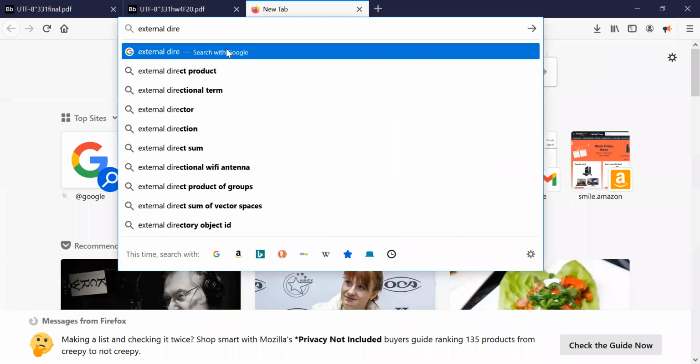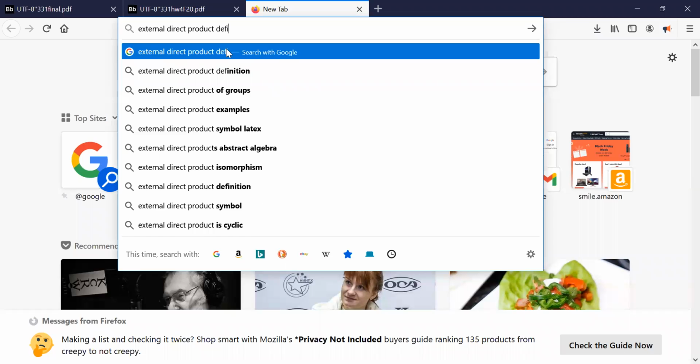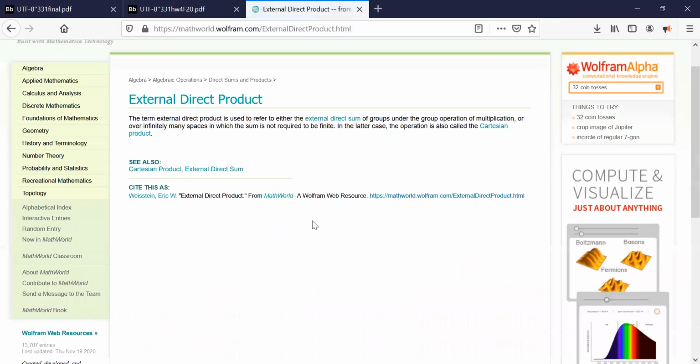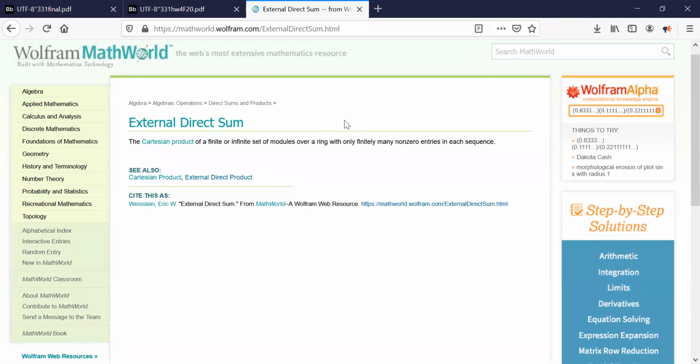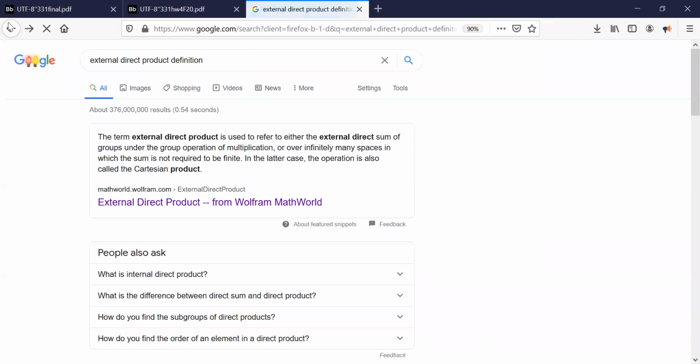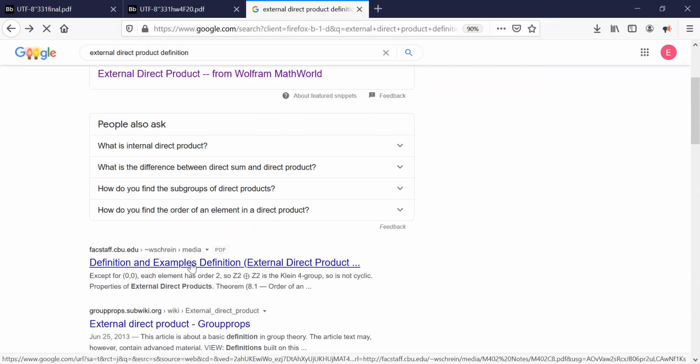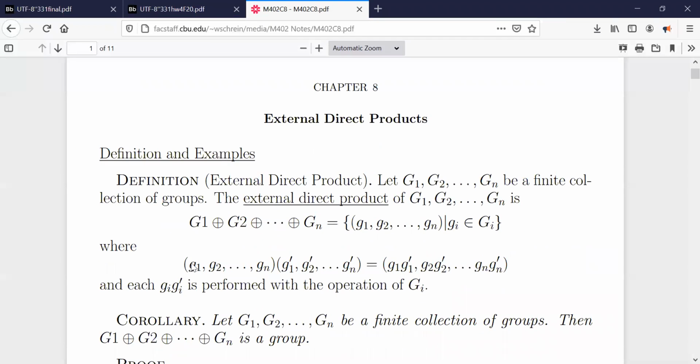External direct product is used either of groups under the operation multiplication or... that was not helpful. Wolfram Alpha has failed me.